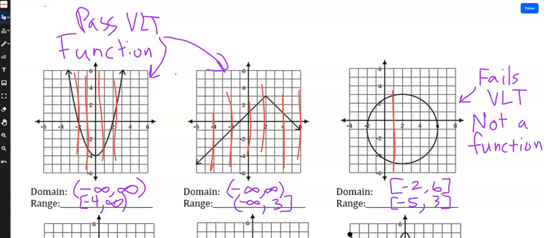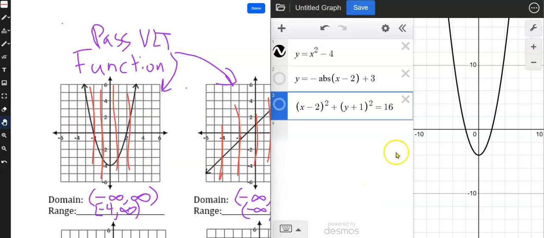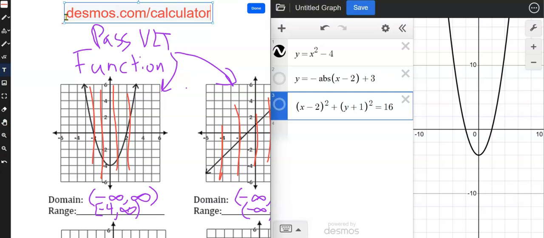Now, I've got to give you a little bit more of a picture of domain and range so you actually understand this. So let me pause the video for a second. So I've drawn out a picture using desmos.com/calculator. It's the graphing calculator version of Desmos. You do not need a graphing calculator.